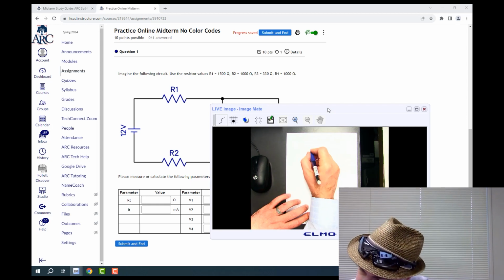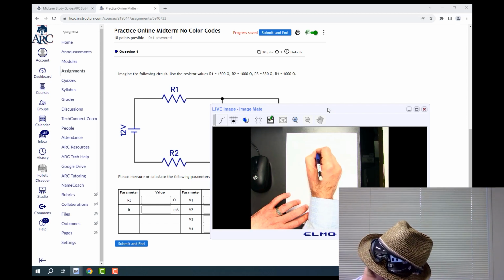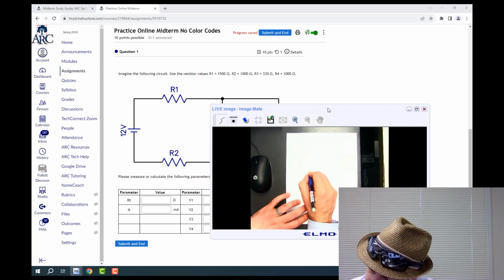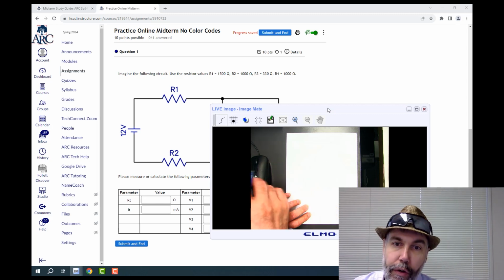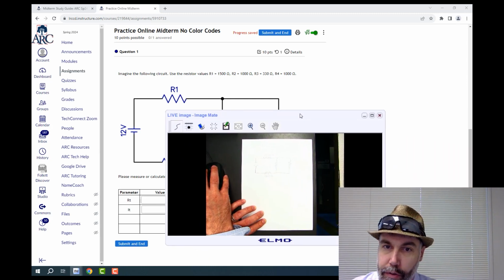R1 is 1500 ohms. R2 is 1000 ohms. R3 is 330 ohms, and R4 is 1000.